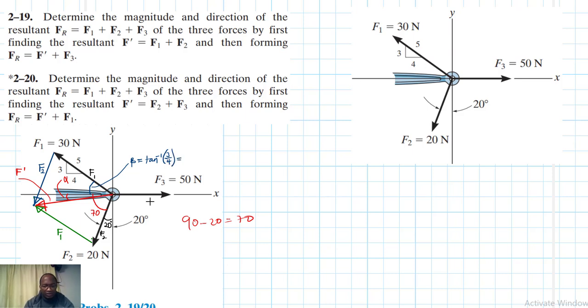So this is just going to be equal to 3 divided by 4. Tan inverse of that gives us 36.87 degrees. So we have all this information.